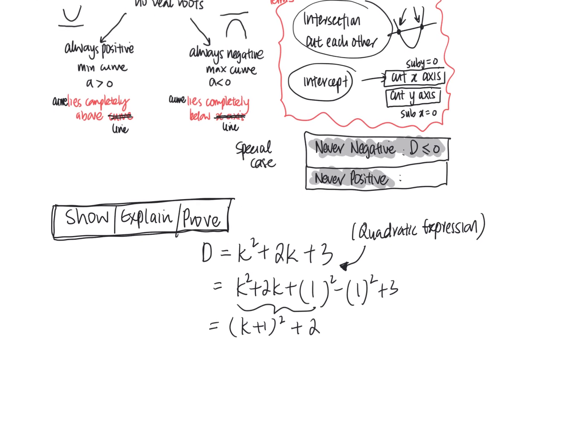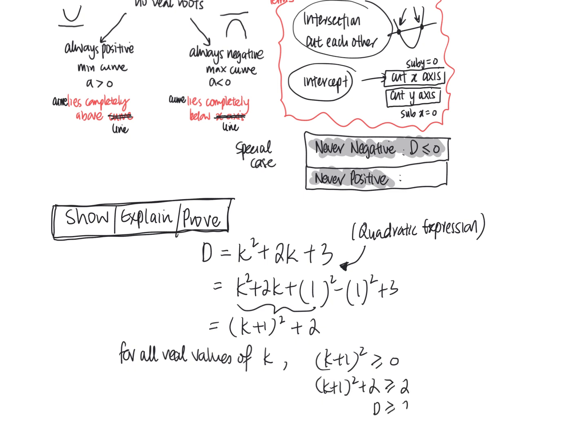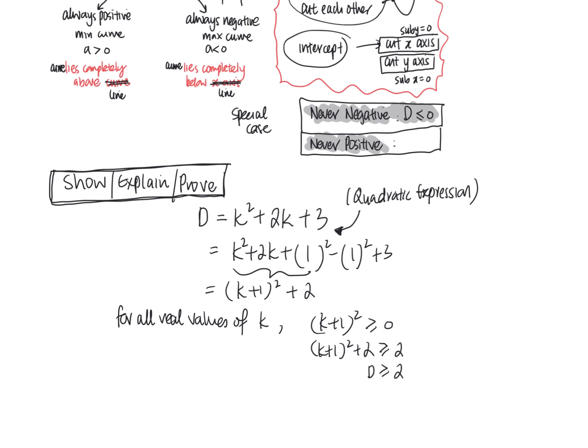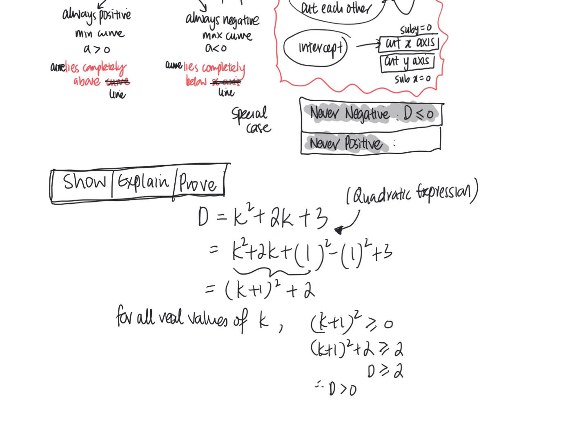So from here, you will say that for all real values of k, you know that any bracket square is always greater or equals to 0. And then when you add 2 on both sides, you have found discriminant to be greater or equals to 2. Therefore discriminant is positive.